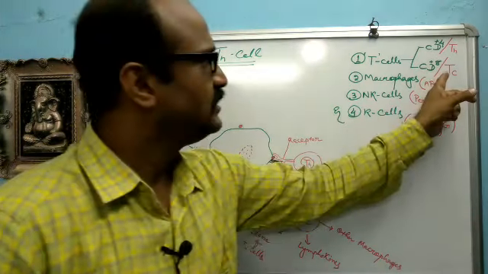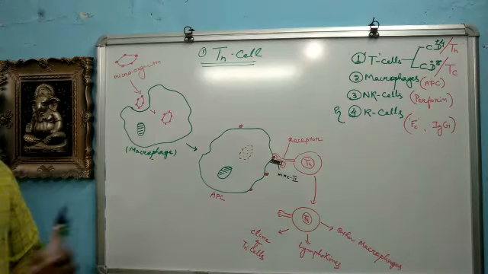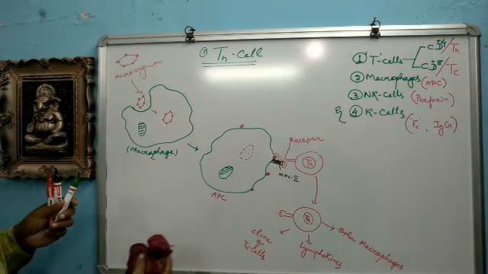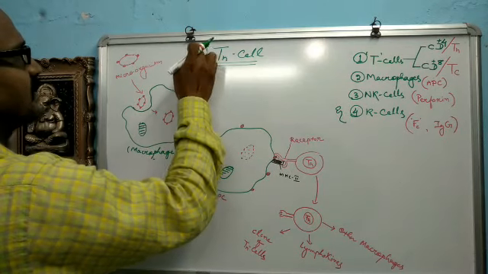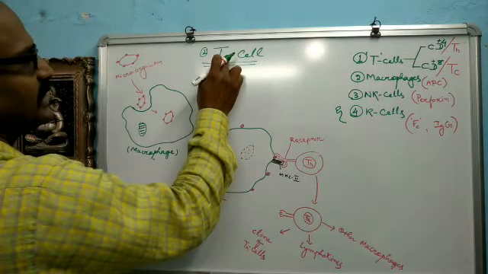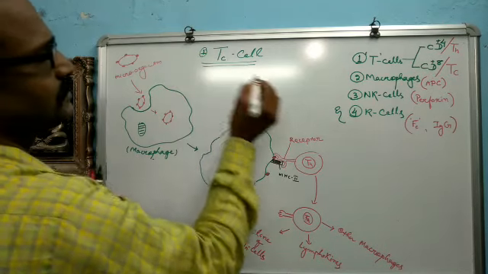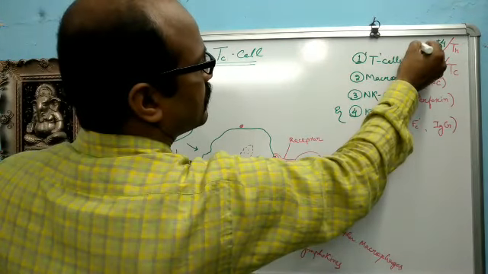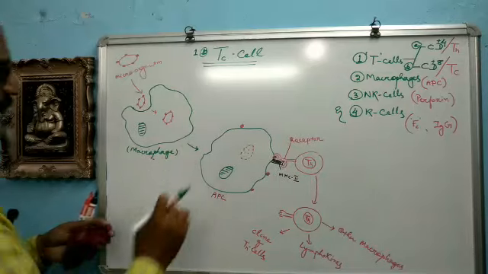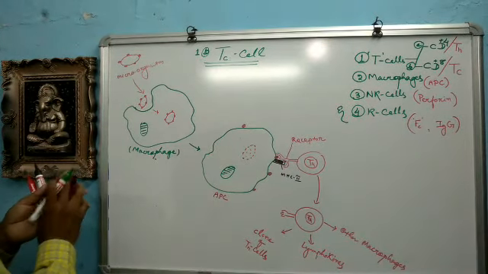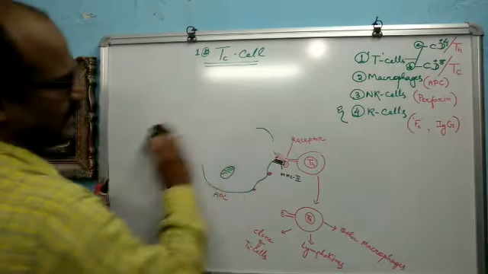Now come to the T cytotoxic cells. Here the total process is the same, but cytotoxic cells are activated by viral infected cells.